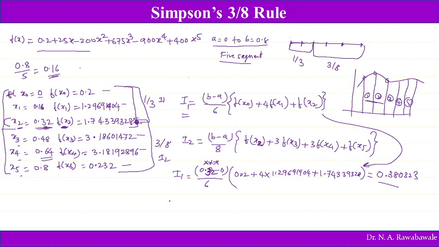Then the integral for the second part, I2. Here b is 0.8 and a is 0.32, because we are starting at 0.32 and ending at 0.8.